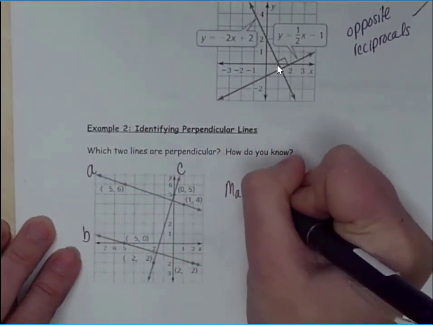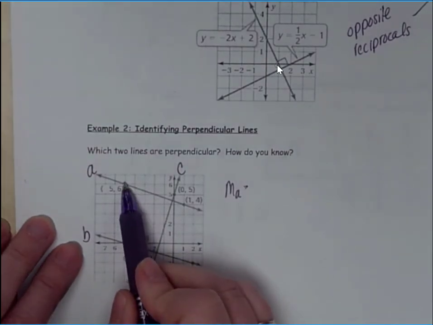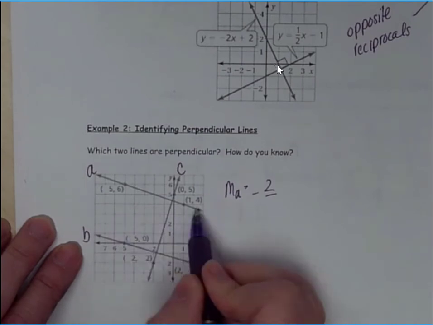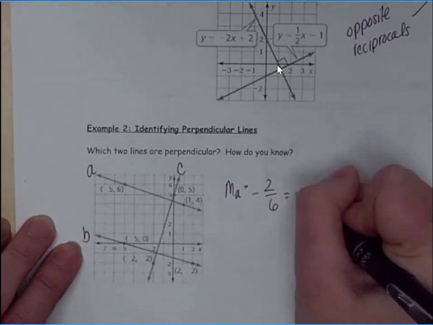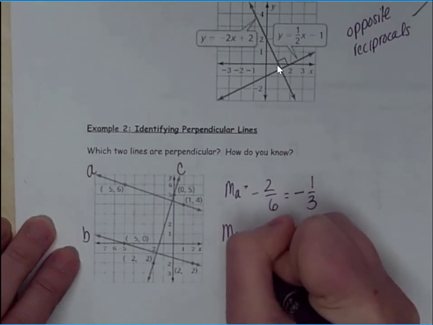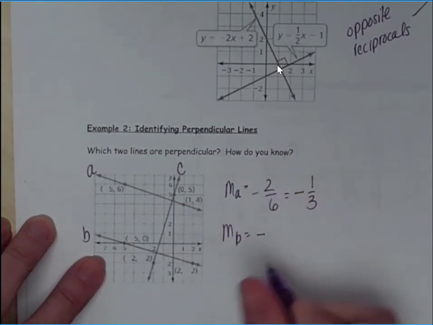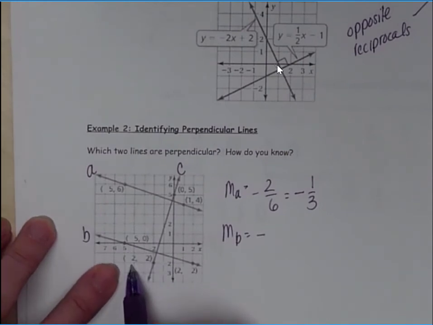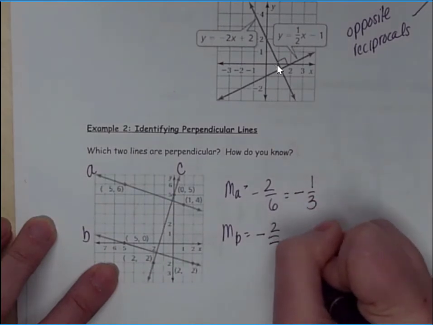So the slope of A, I'm going to go down 2, my slope is negative, over 6. So my slope is -1/3. My slope of B is also negative. So I'm going to go down 1, 2, over 1, 2, 3, 4, 5, 6, 7.